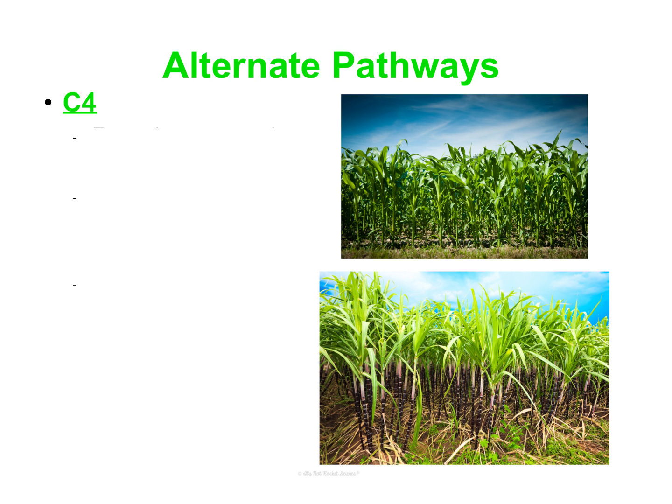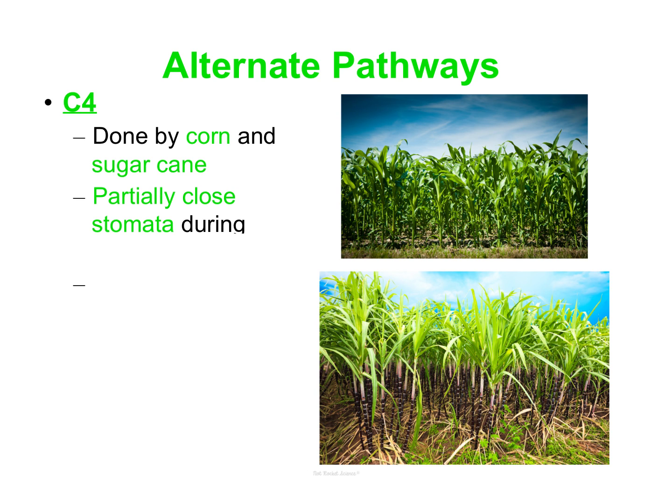The second option, C4, if you look at our plants here, we have something you should be familiar with, which is corn, as well as something you're not as familiar with, which is sugarcane. So these two work in a similar way, done by corn and sugarcane. What they're doing is they're partially closing their stomata during the hottest part of the day.